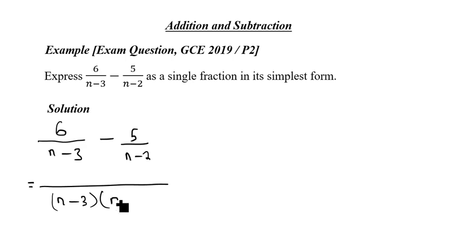Okay, we show that we have to multiply these two denominators when you write them in the brackets. So this has to be multiplied with this one to find the common denominator. But however, we are not going to expand this. No, you just write it the way it is. Okay, so you write n minus 3 in the brackets, n minus 2 in the brackets.